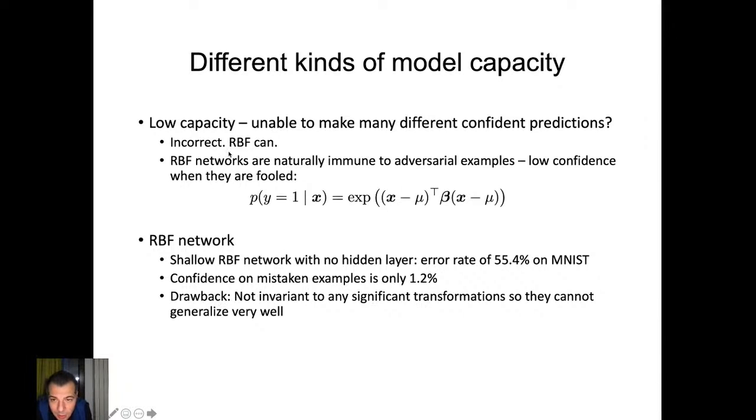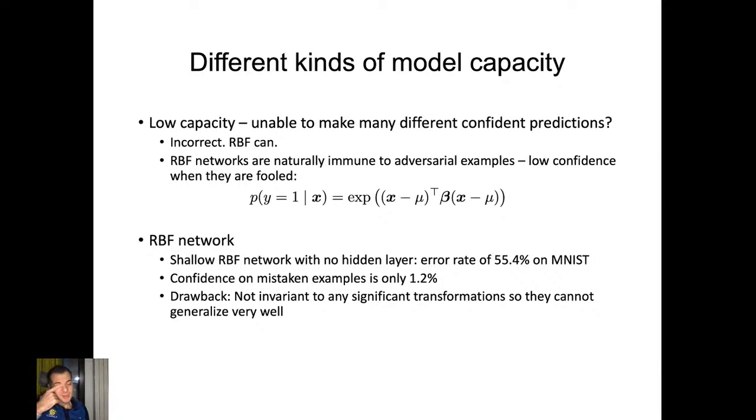They tested this hypothesis by using a shallow RBF network without any hidden layer on MNIST, and the original error rate is around 55.4%. So it's not a classifier with random decisions, but it's far worse than LeNet, let's say, or other models with higher capacity.